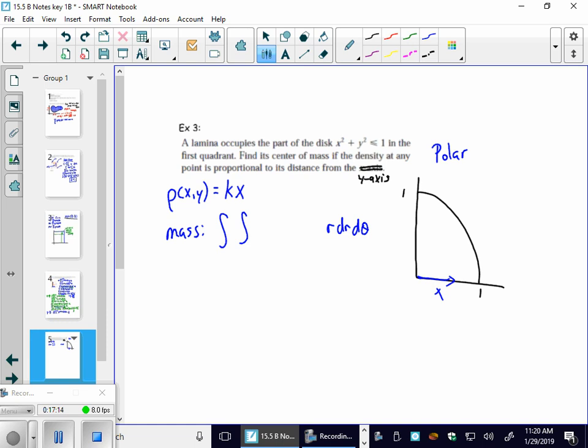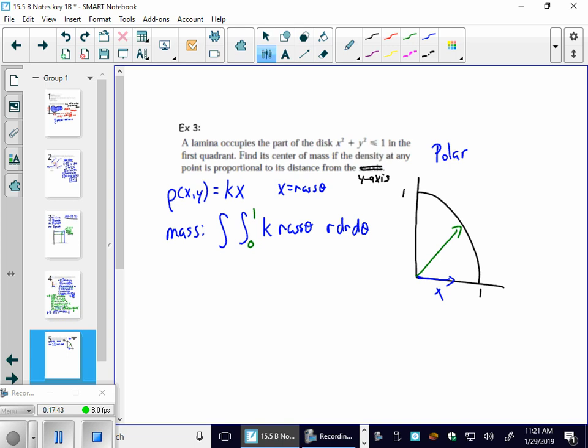So our density function is going to be k times x, but in polar, x is r cosine theta. So this is going to be k r cosine theta. Now we just need the bounds. Well, r, pretty obviously, is going to go from 0 out to 1.